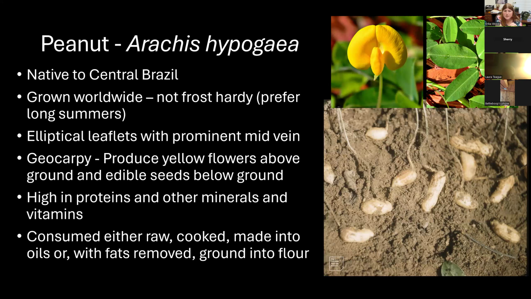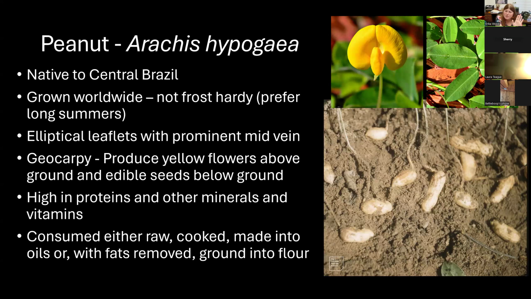And so when we're growing the peanut, once we harvest it, it can be used for a lot of different purposes. People can eat it raw or cooked. You can make it into different peanut oils. You can grind it into a type of peanut flour, or you can just eat it like we do with our other nut species. And it's just a good healthy snack, unless we smother it, of course, in too much oil or salt.